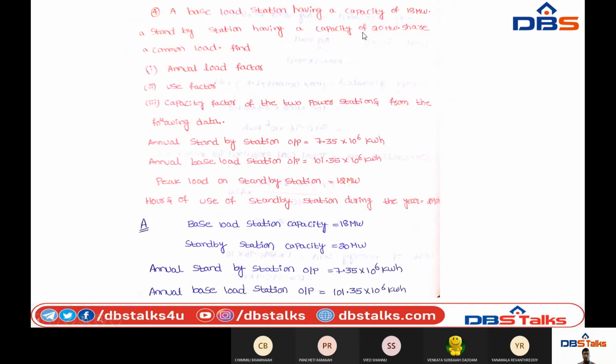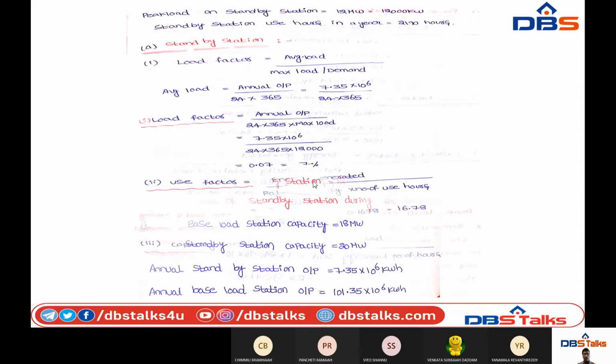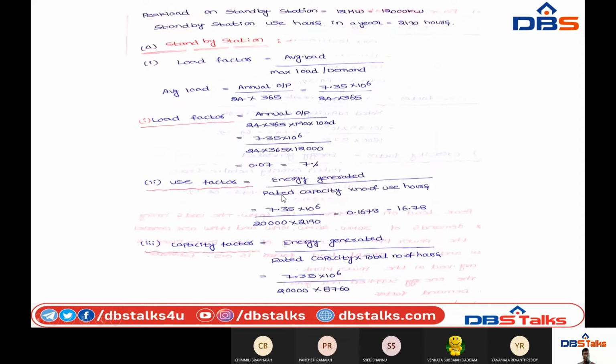That means the capacity of the plant is 20 megawatt. Substituting 20,000 times number of use hours 2190, we get 0.1678, that is 16.78% use factor.